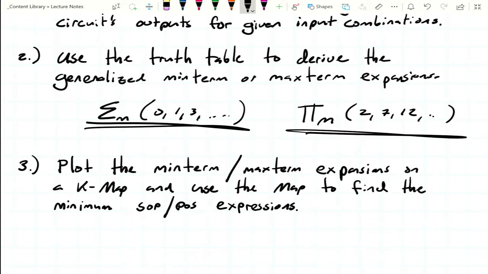So, take your min-term, max-term expansions, stick them on the K-map, do your loops, do your groups, figure out what your minimum expressions are.